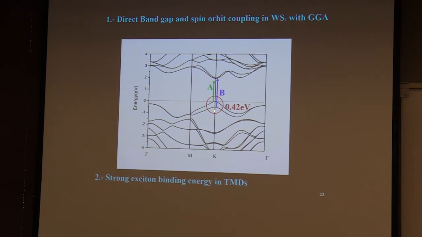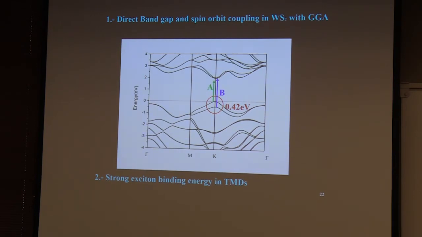Here, the splitting is at K in the Brillouin zone, which is one of the vertices of the Brillouin zone, and this has important implications for optical and also electronic properties, because in absorption experiments, you can see this transition, which is called the A transition, and this is the B transition. Or in other words, the A exciton and the B exciton.